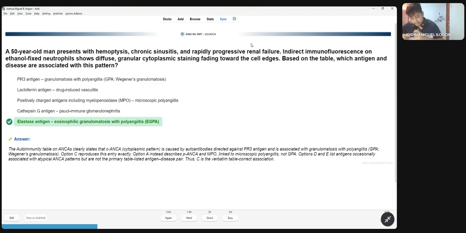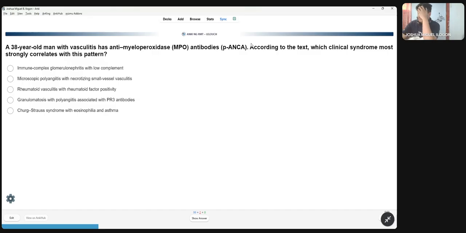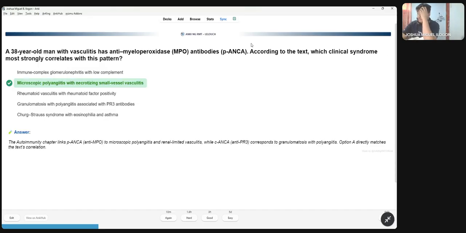Oh, granulomatosis with polyangiitis. It's PR3. Oh my gosh, here it is.